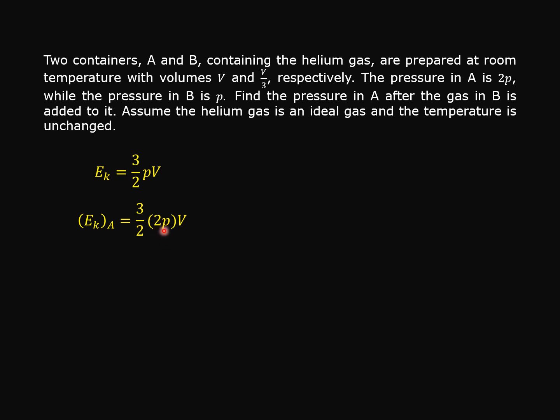So we have in the bracket here the 2P, and the volume is V. This is the total translational kinetic energy of the helium gas in the container A. We can now write down a similar equation for the gas in the container B. Since the pressure in B is P, we have a P here, and the volume is 1/3 of V. So we have this V in the general form changed to V/3 in this specific form for the gas in the container B. So we have 3/2 P times V/3.